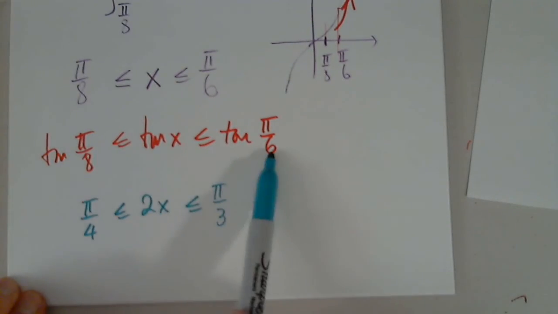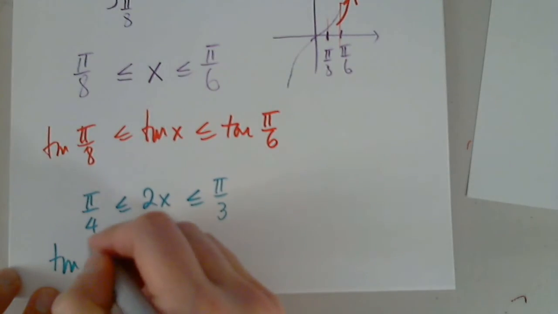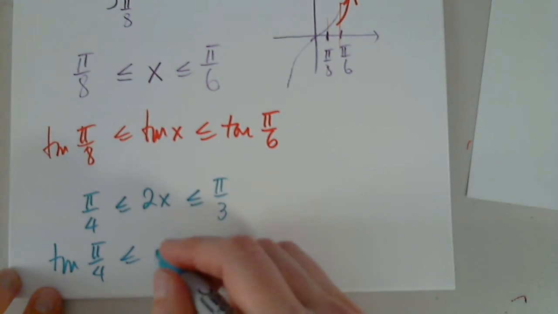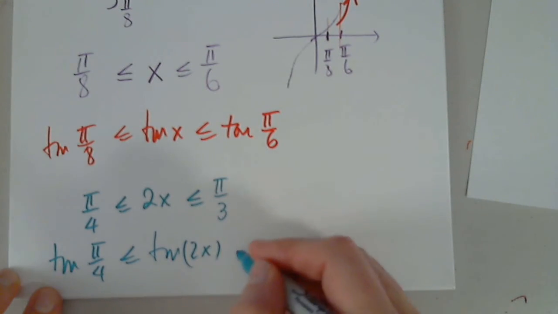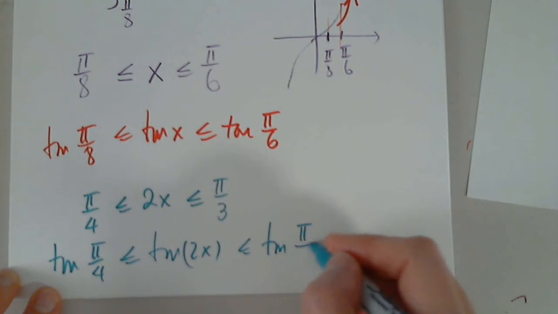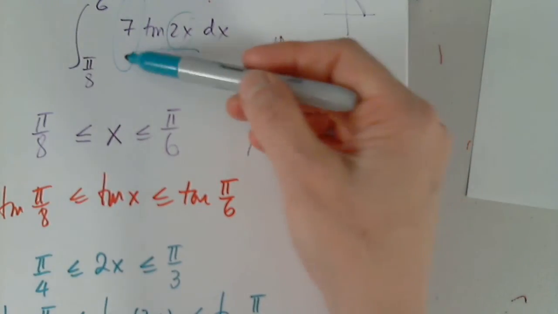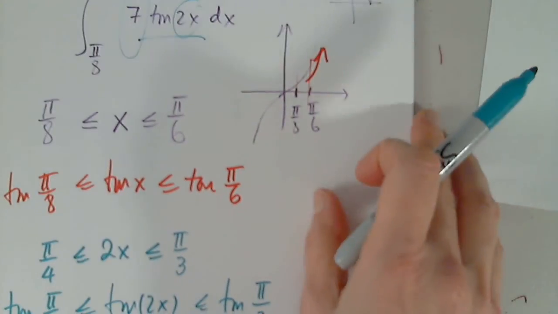So this is good, but that's not what I need. So then tangent pi over 4 is less than or equal to tangent twice x, less than or equal to tangent pi over 3.